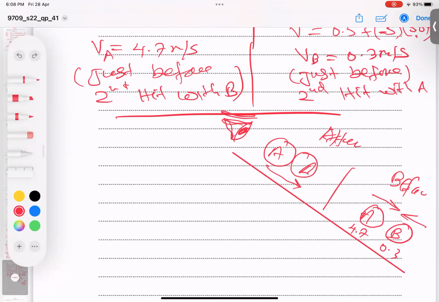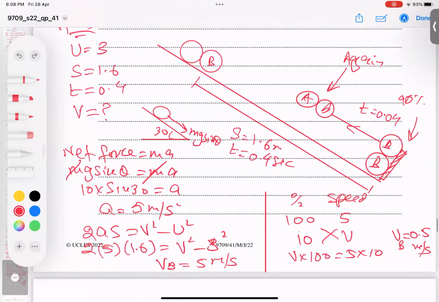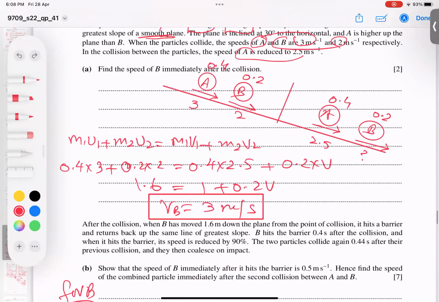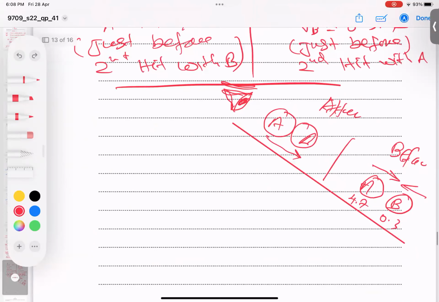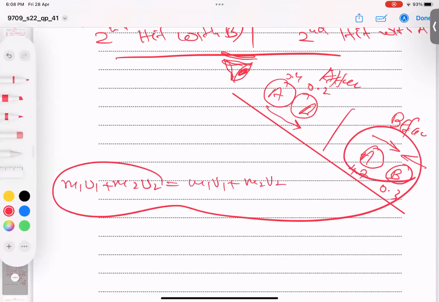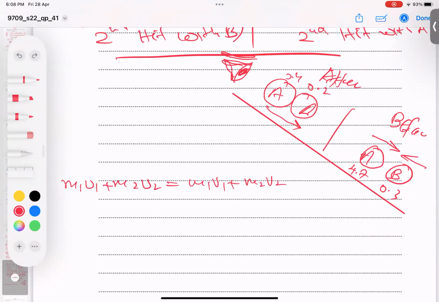And the masses, you know very well. Let me check again: 0.4 and 0.2. So let's start. M1 U1 plus M2 U2 equals M1 V1 plus M2 V2. Just before hitting, this data comes from here. M1 is 0.4 for the A particle and its speed is 4.7.